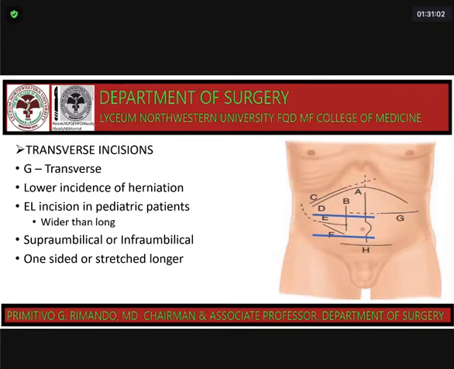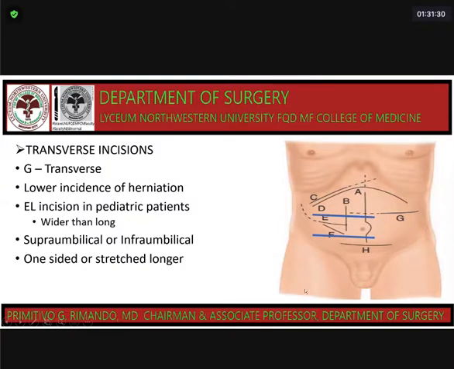When I open up babies with duodenal atresia, with malrotation, with jejunal atresia, ileal atresia, this is the usual incision. It's just like letter G, but it's on the other side.